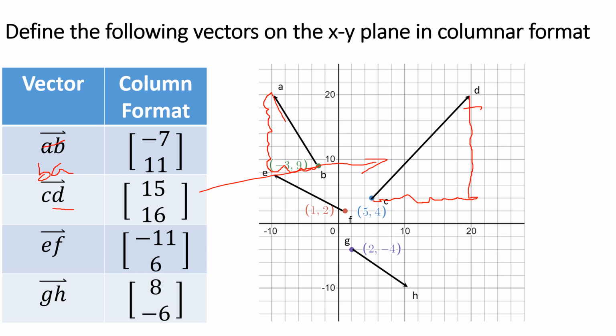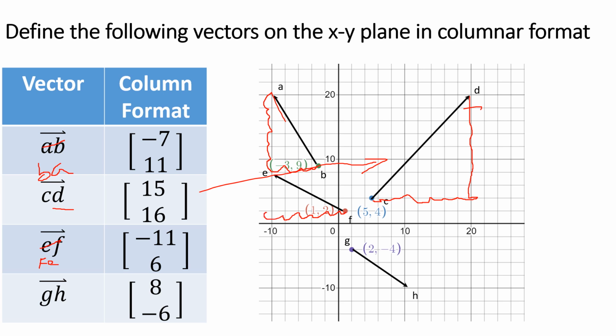EF, and that should actually be FE looking at this because the head is ending on E. The vector FE is, according to this, I have negative 11. Let's see, there's 1 to the y-axis, 3, 5, 7, 9, 11. Good.